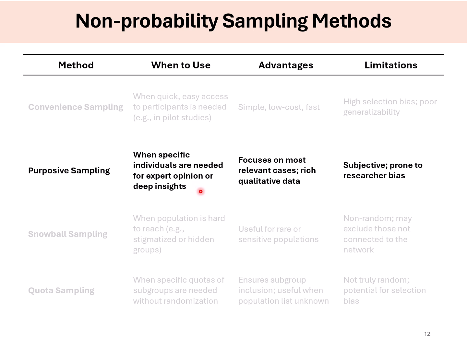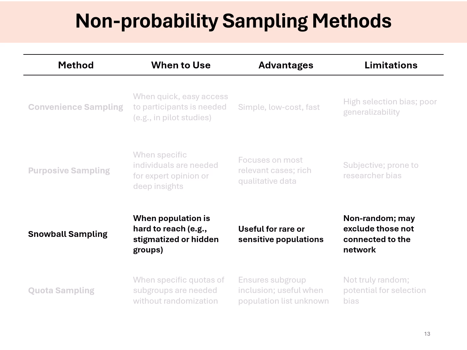So purposely, I will be selecting those for the in-depth interviews or focus group discussion. It focuses on the most relevant cases, and rich qualitative data is obtained. It's subjective and prone to researcher bias, but still purposive sampling is one of the best sampling methods used in qualitative research.